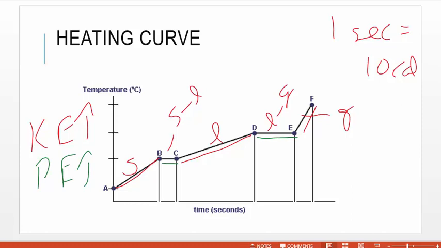So potential energy is when it's flat, kinetic energy when it's on a slant. So from A to B, kinetic energy is increasing, potential energy is staying the same. From B to C, potential energy is increasing, kinetic energy is staying the same.